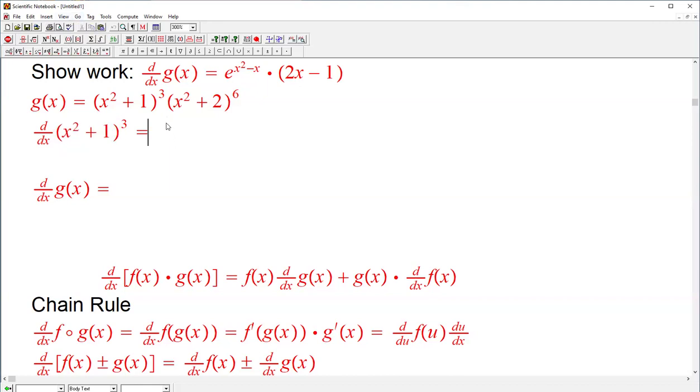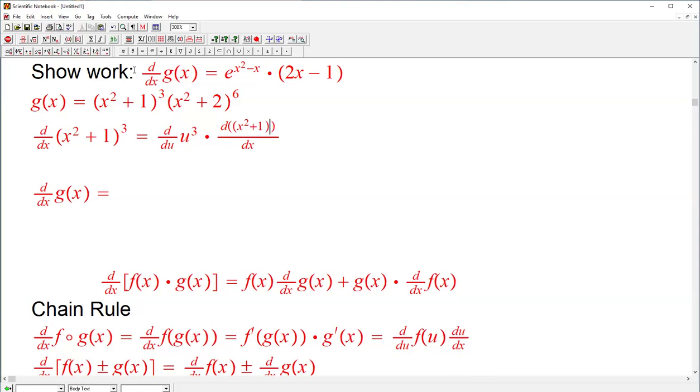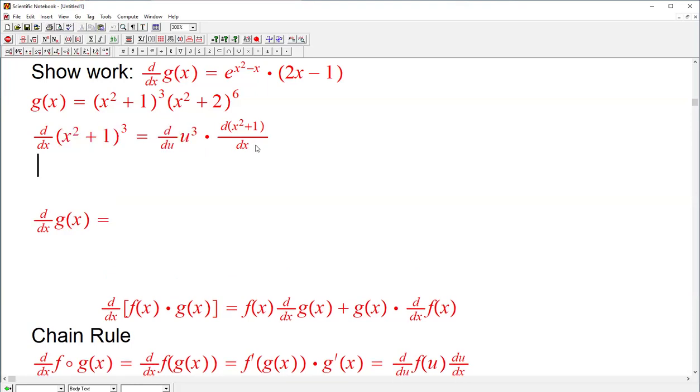So we have the derivative du of u raised to the power of 3, multiplied by du/dx, and u, of course, is that piece, x squared plus 1. So you view this as u to the power 3, differentiate with respect to u, and we finish.